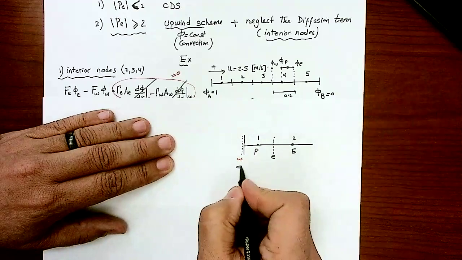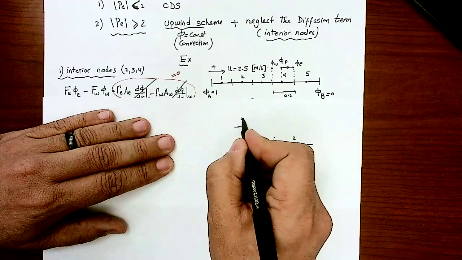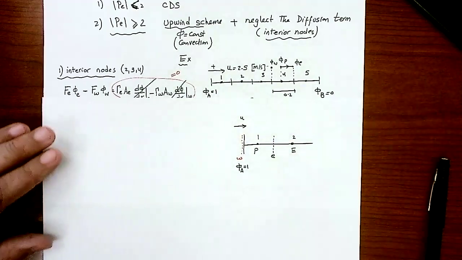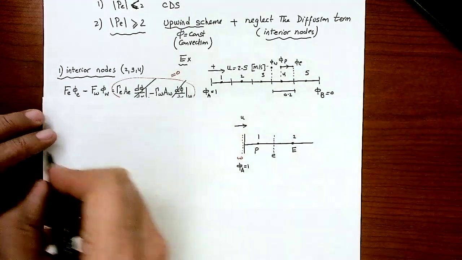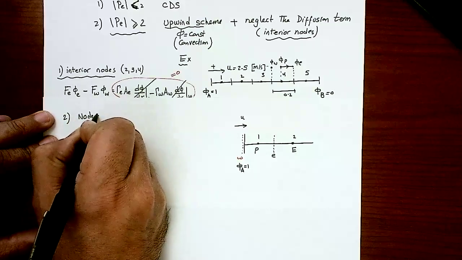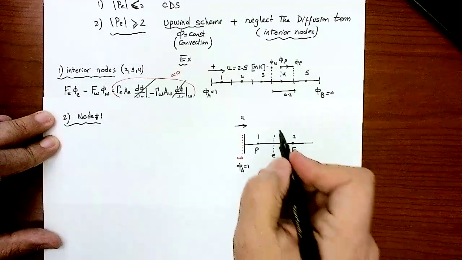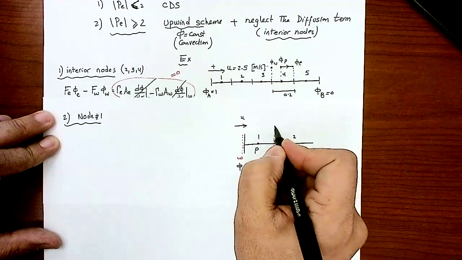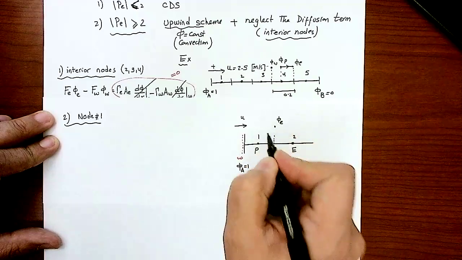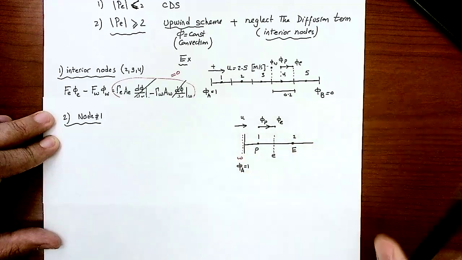And I remember that phi A at that boundary is equal to 1, right? And the flow is going in that direction. Again, my Peclet number is 5. That's node number 1. This is phi east, and this is phi P. That's for the Upwind scheme.